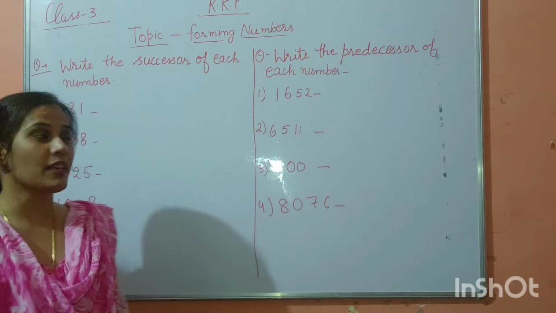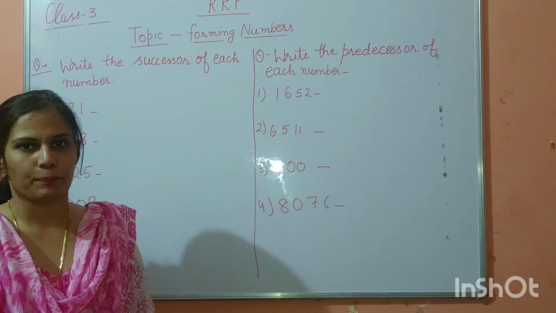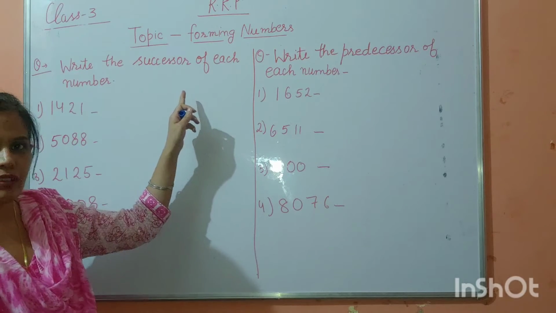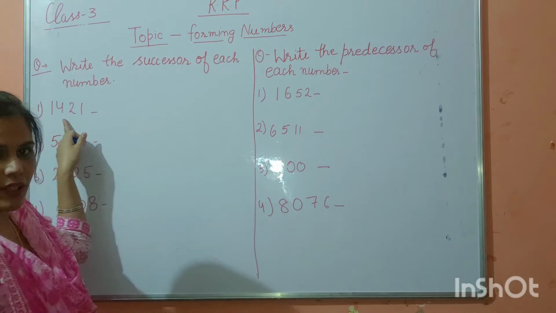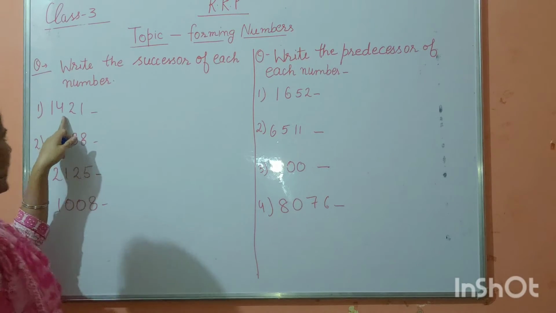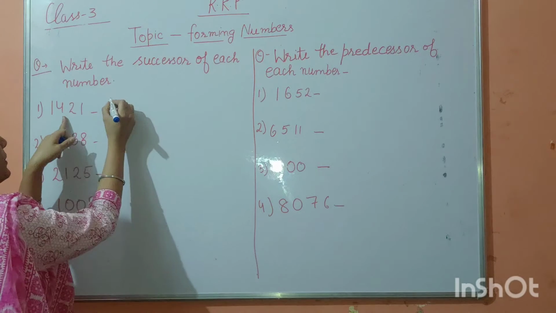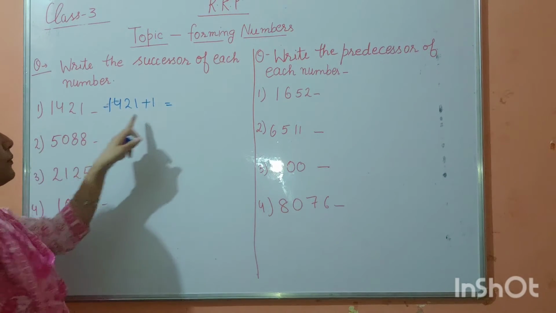Now students, we have some questions about the successor and predecessor. As I told you how to get the successor, add 1 to the given number. If you add 1 to the given number, what will it become?